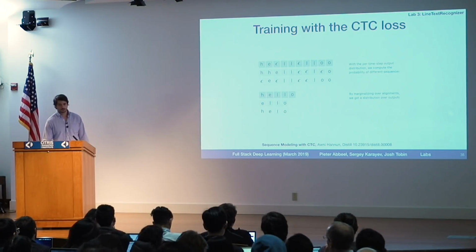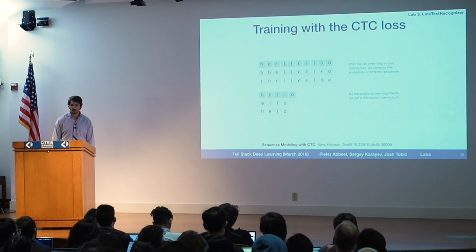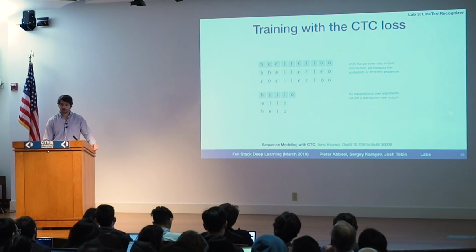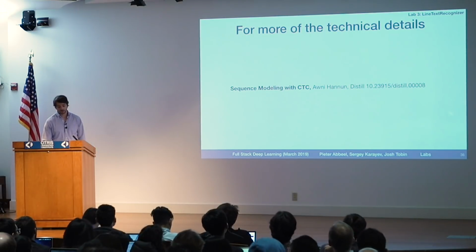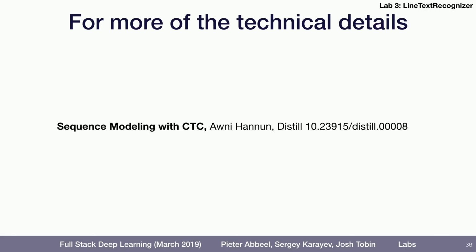But it turns out there's a dynamic programming algorithm that lets you do this in a computationally efficient way. I'm not going to talk about the details of that, but if you do want to look at the details, there's a good review article that I recommend checking out. Yeah? So you said you learn a probability distribution for every possible combination of letter sequences?